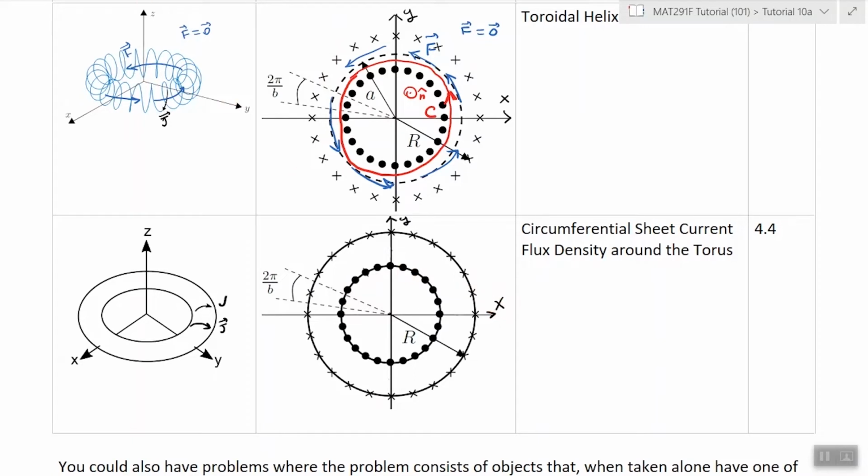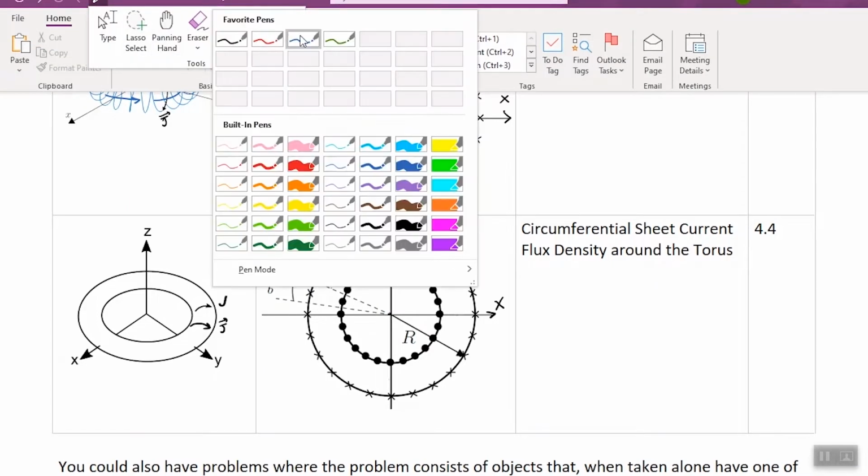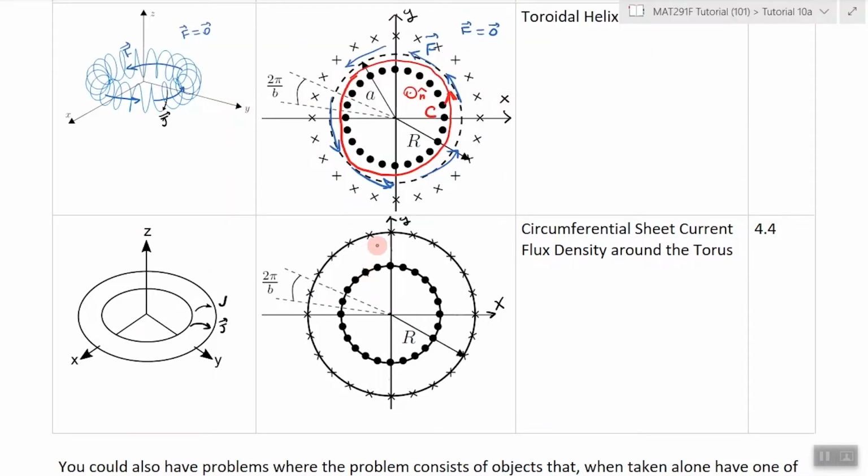The field is also going to be in the same direction, and you would want to choose the same contours. So the field is going like this. Outside is 0.